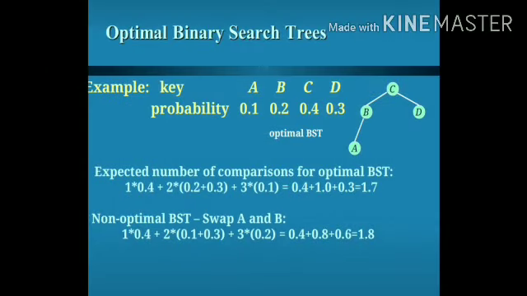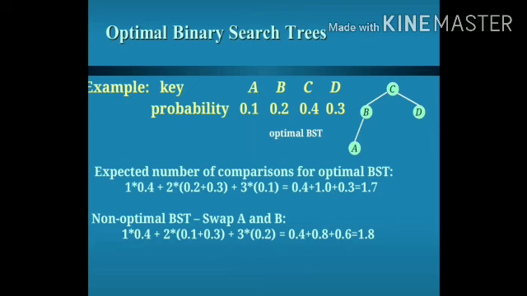Out of these two binary search trees, we find that the first example yields a minimum cost. Therefore, we call it an optimal binary search tree because the number of comparisons is less.